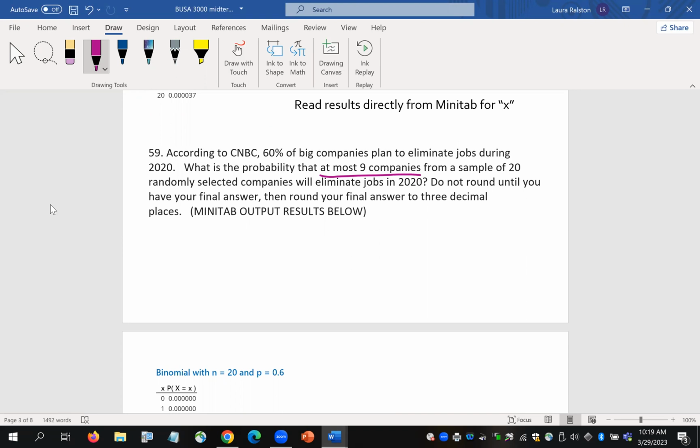It says, do not round until you have your final answer. Then round your final answer to 3 decimal places. Okay, so my keyword here is at most. Okay? Yes.